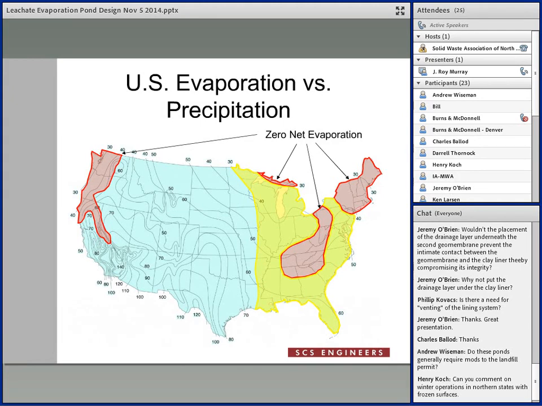Are there any concerns with respect to damaging the liner system? I really don't know. I don't have any expertise with that, but I would definitely think that would be something you would want to consider, as that's why we have that second geomembrane liner on it, just to provide additional protection, especially in those cases where the pond might be frozen solid over the winter.